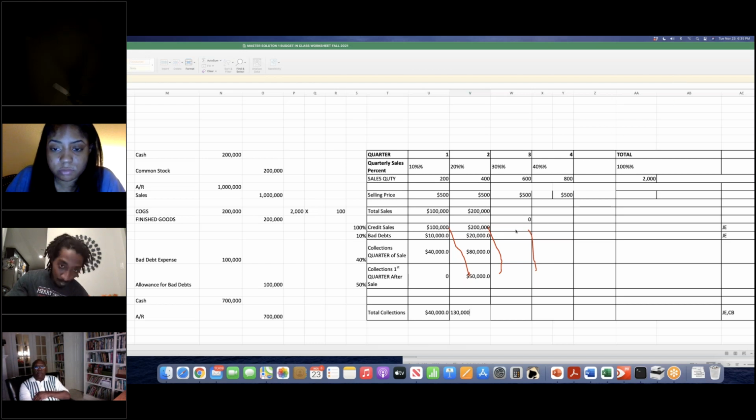I put these red lines in here to show you that you go back up to the total sales in quarter 2, and you get 50% from that prior quarter, quarter 1. You're collecting, and you continue to do that.